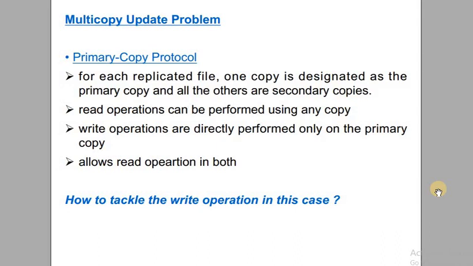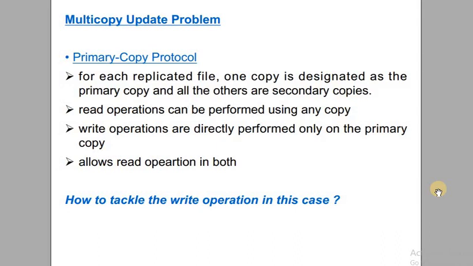So whenever a write operation is required, you only access the file which has been given the permission to write. So in read operations there is no problem, but in case of write operations we have to have that master file available.